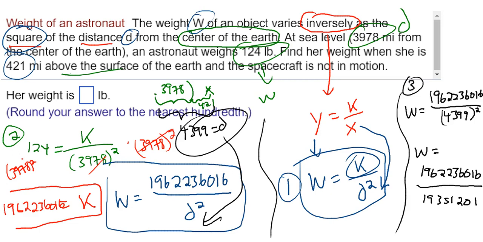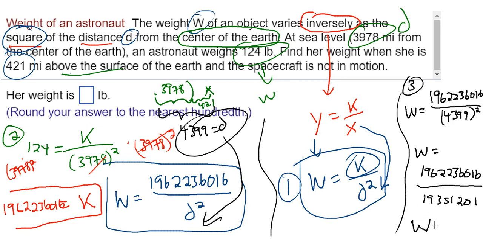Now I have to keep it sideways. 196,223,6016 divided by 19,351,201. And so I'm coming up with what seems to be a reasonable answer.